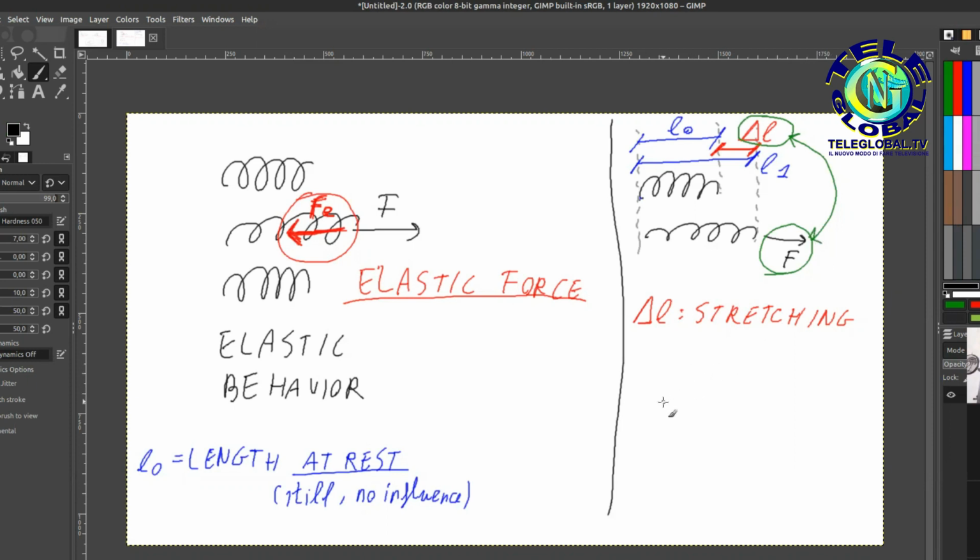And it might actually be familiar to you because it's simply this: force equals the elastic constant times the stretching.